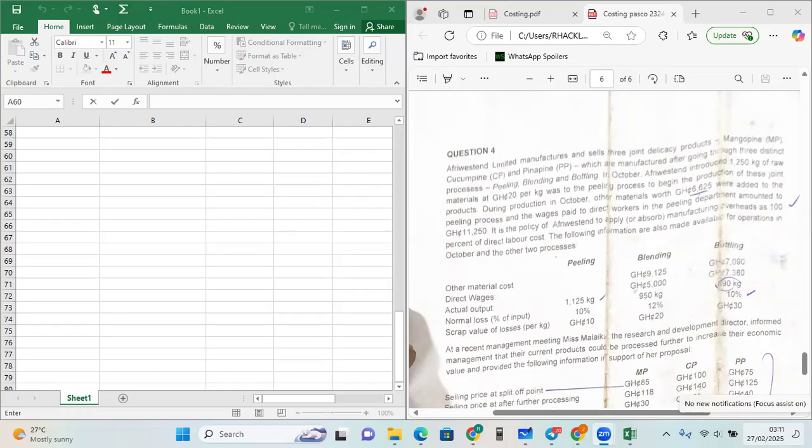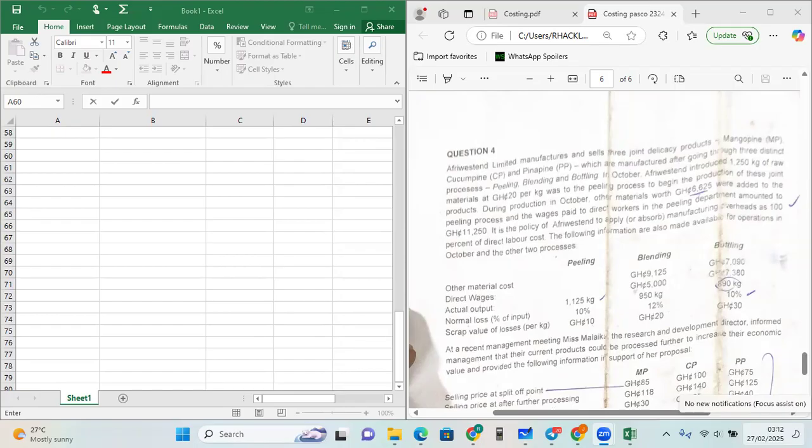In October, Afri-Western introduced 1,250 kilograms of raw materials at 20 Ghana cedi per kilogram into the peeling process to begin the production of these joint products.